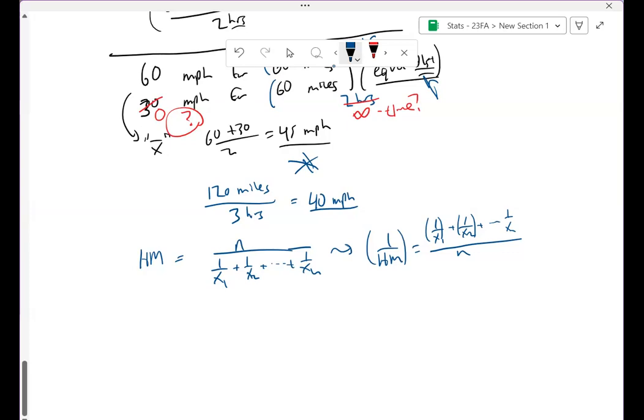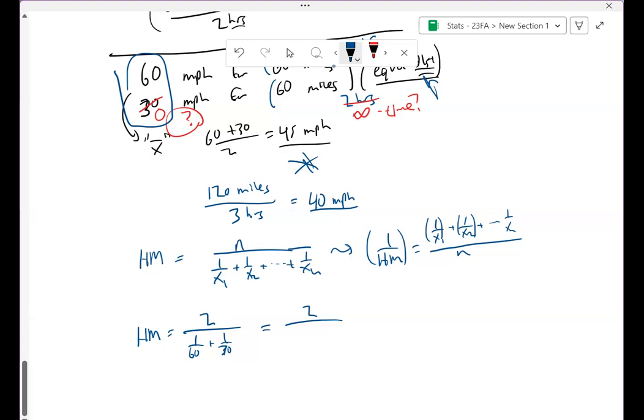So let's try this with this data up here, where we had 60 and 30. Well, I have 2 data points. And my data are 60 and 30, so I have 1/60th plus 1/30th.